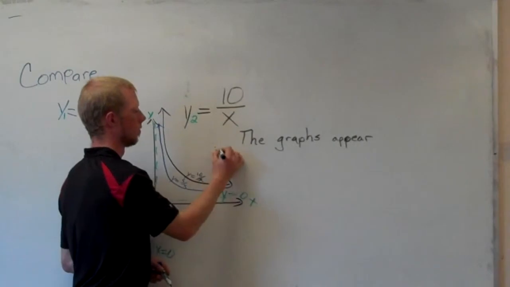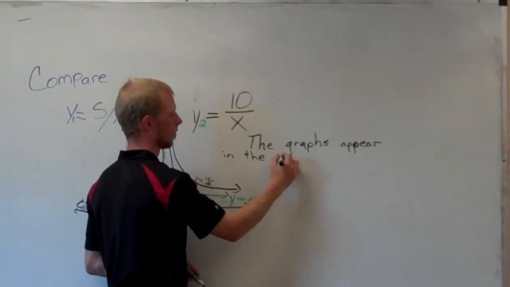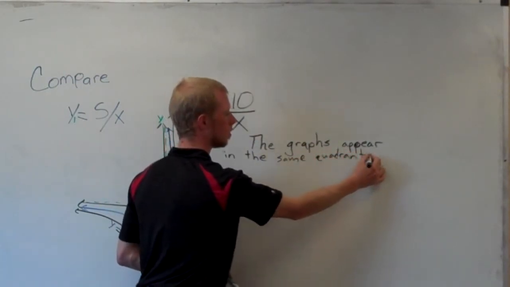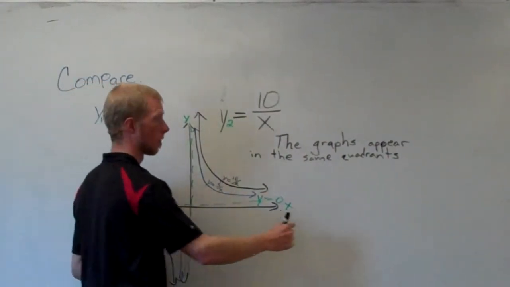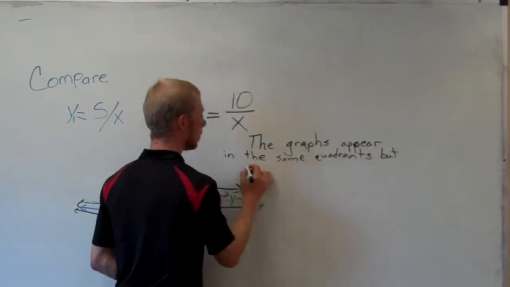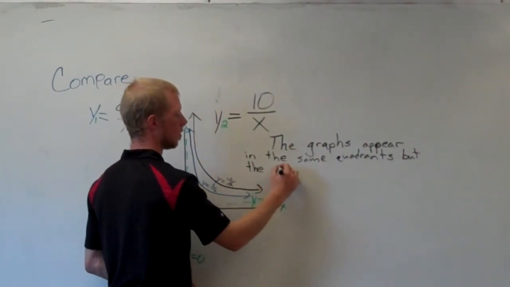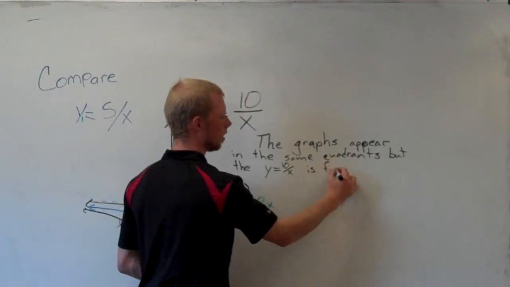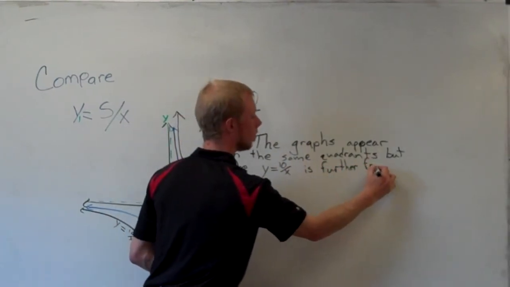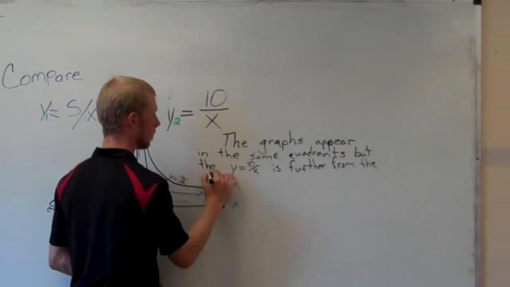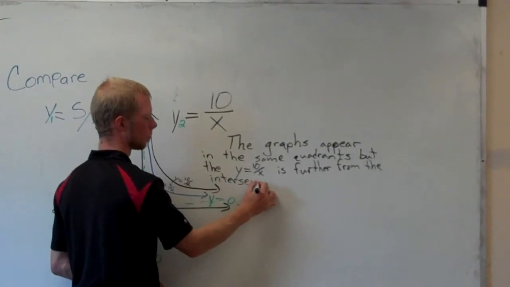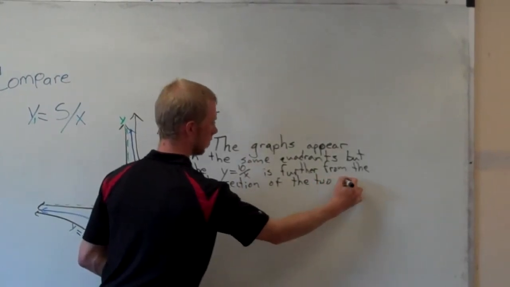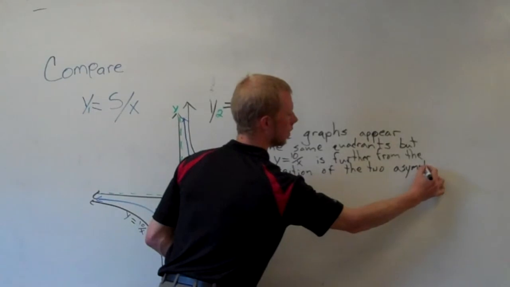The graphs appear in the same quadrants, quadrant 1, quadrant 3, but the y equals 10 over x is further from the intersection of the two asymptotes.